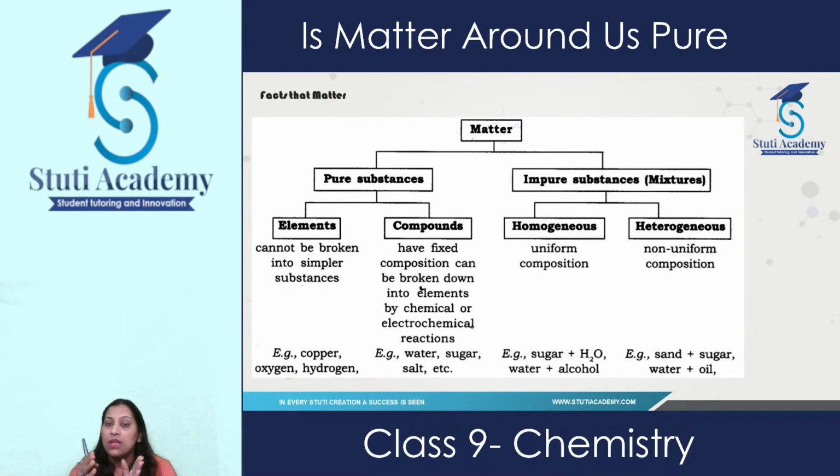On what basis or what criteria do we have to follow when we are segregating these materials into pure and impure ones? All these things are known as matter. If we are talking about classification of matter on the basis of its chemical composition, we classify matter into two main broad categories, which are impure and pure.